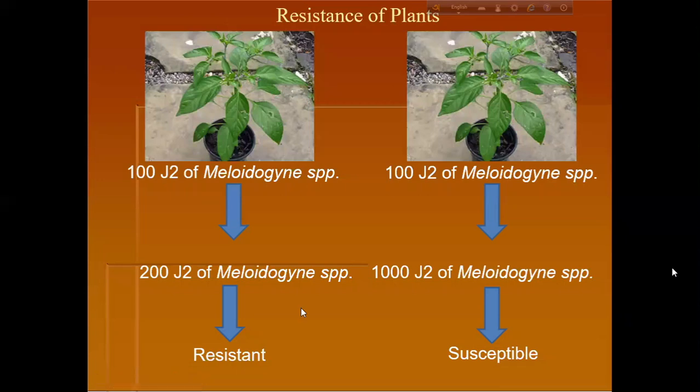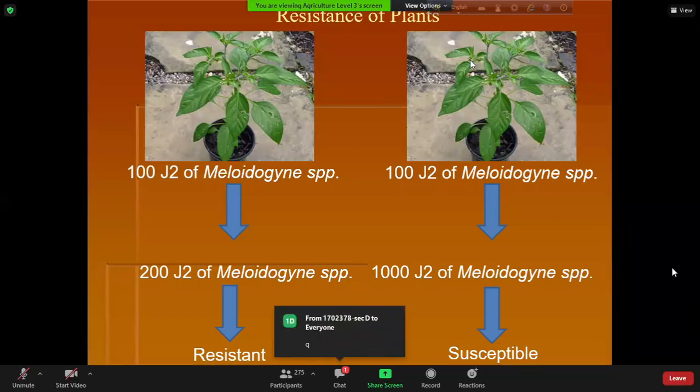Today we check both plants, and we got 200 nematodes total from this plant, and 1,000 nematodes from this plant. One month ago we inoculated only 100 nematodes in both plants. Then which one is resistant and which one is susceptible? You can see here, this one is resistant.